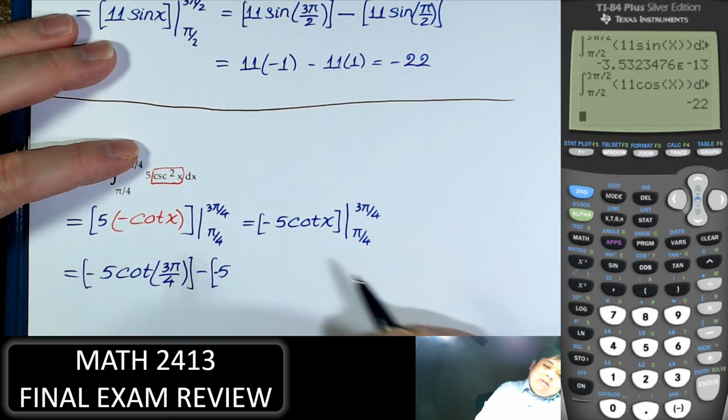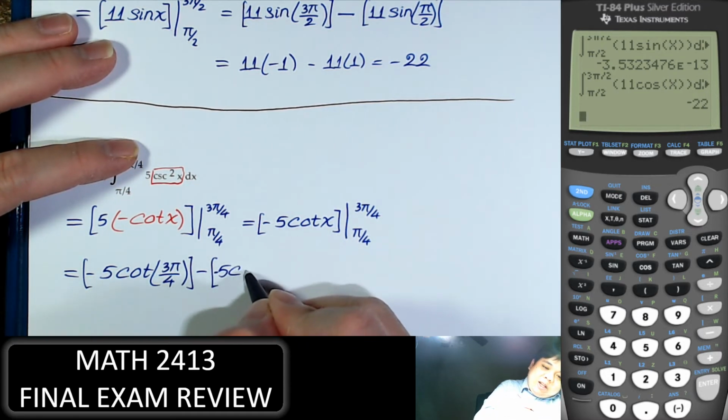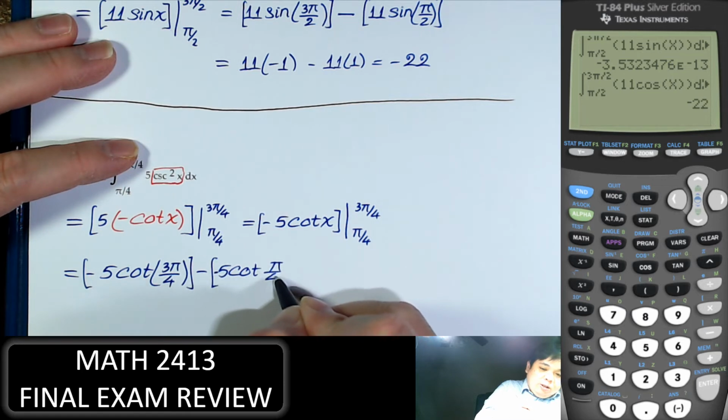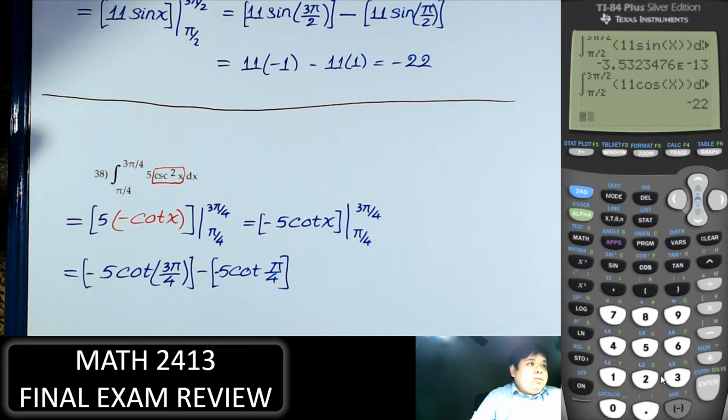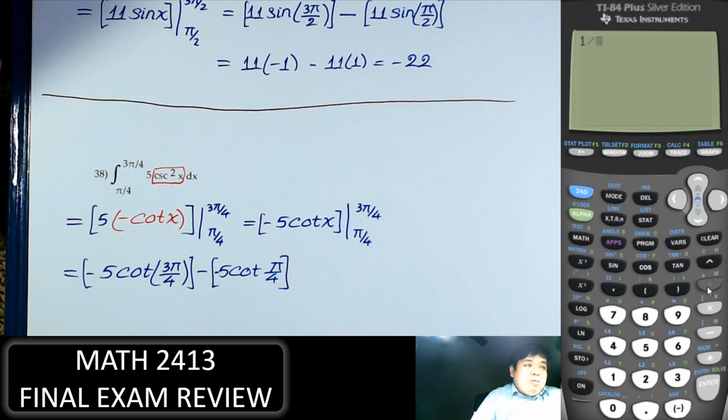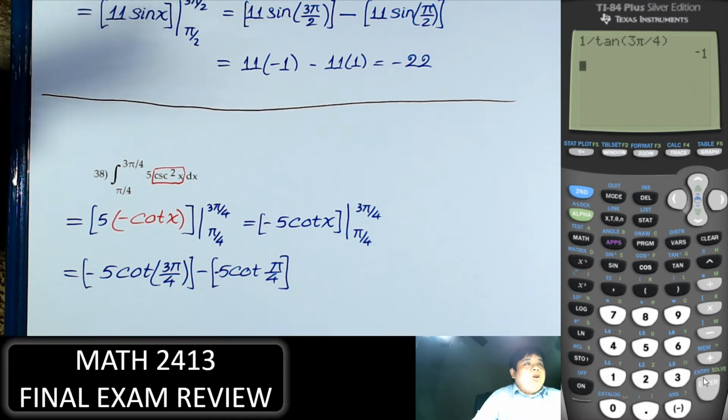See, there's a negative. Cotangent of pi over 4. Cotangent is 1 over tangent. So what is 1 divided by tangent of 3 pi over 4? That's negative 1.